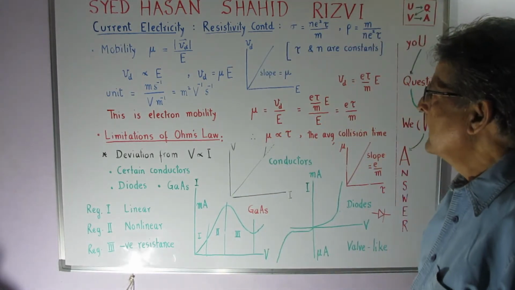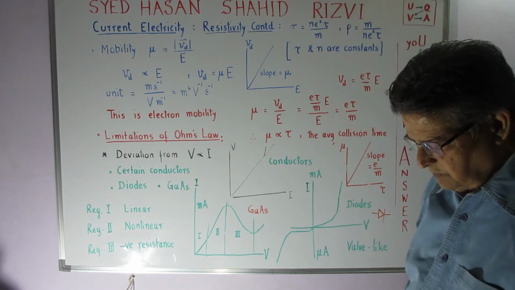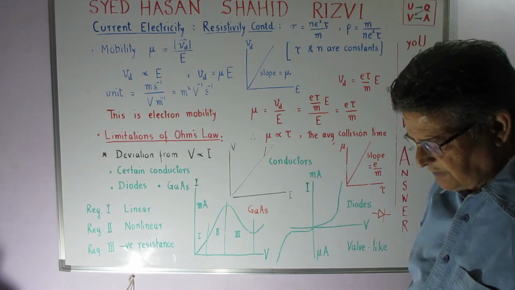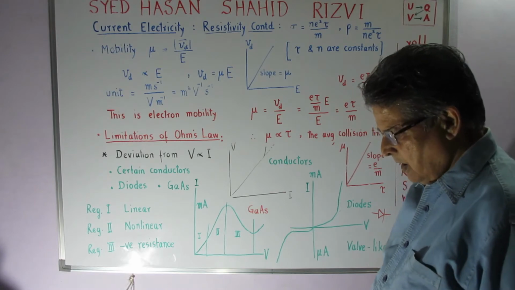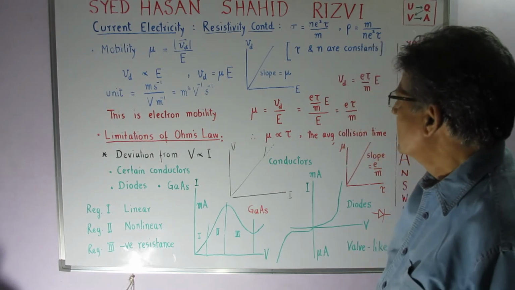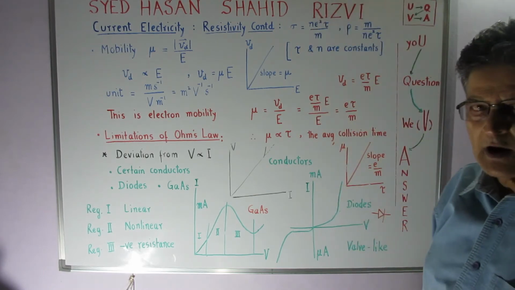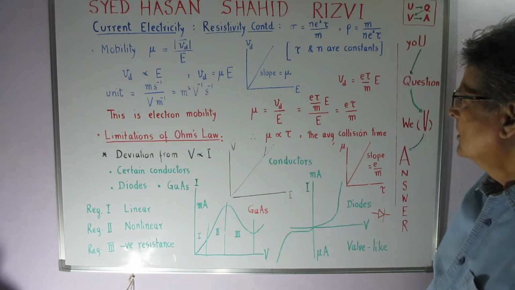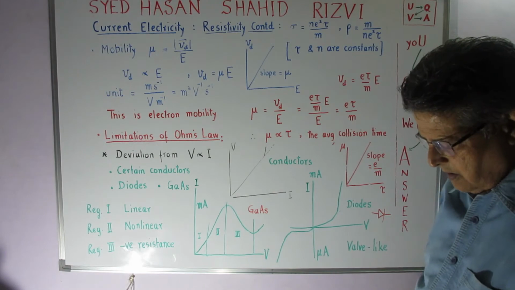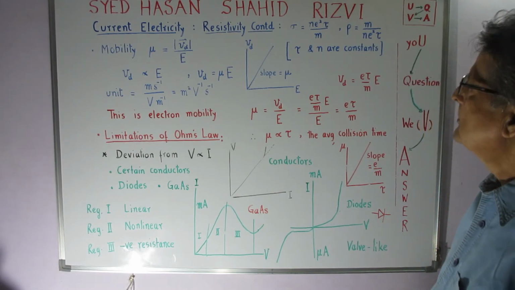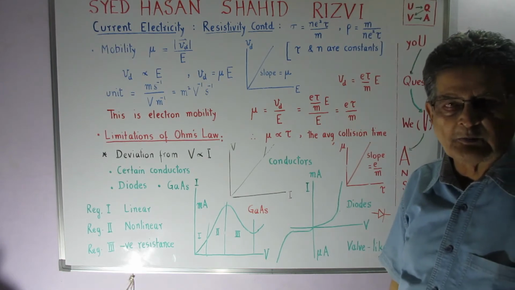We had obtained from the analysis in the case of an electron gas model in a metal, the conductivity sigma was equal to n e square tau upon m, where n is the number of electrons per unit volume, e is the electronic charge, 1.6 into 10 to the power of minus 19 coulombs.